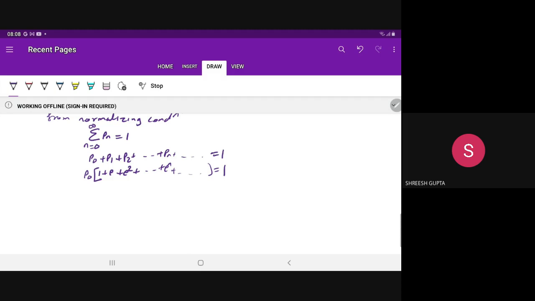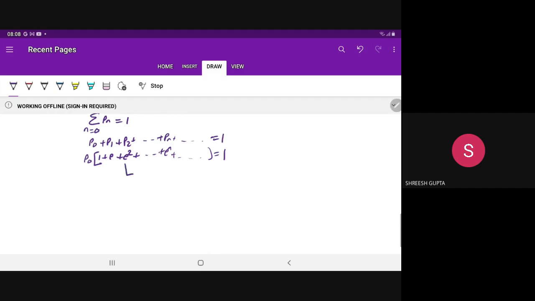Here, this is an infinite geometric progression series with common ratio rho, and rho is lambda upon mu. We know that the effective arrival rate must always be less than the effective service rate.